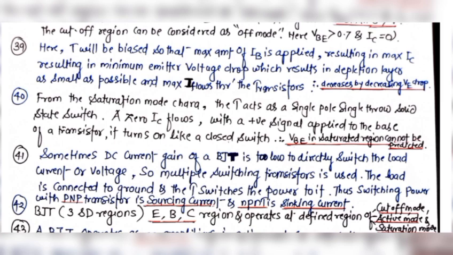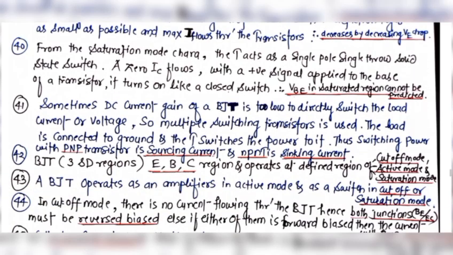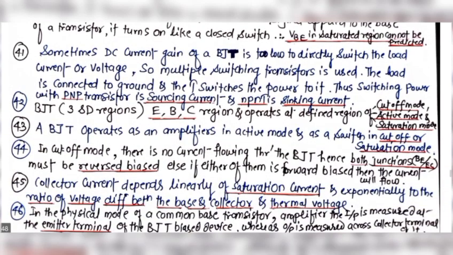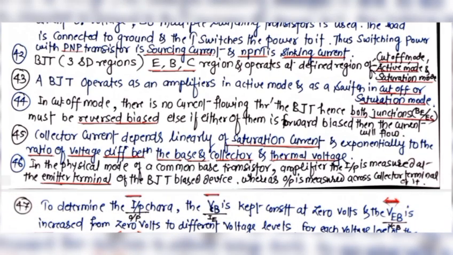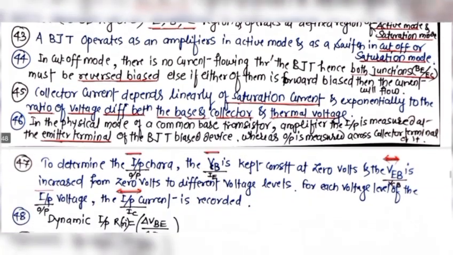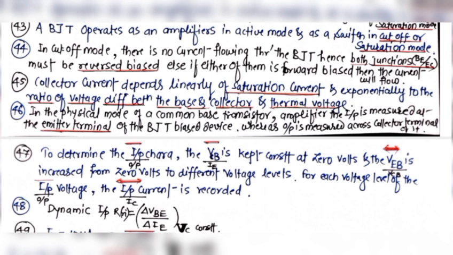A BJT has three semiconductor regions, emitter, base and collector, and operates in defined regions of cutoff mode, active mode and saturation mode respectively. A BJT operates as an amplifier in active mode and a switch in cutoff or saturation mode.